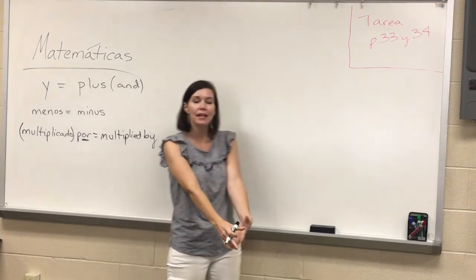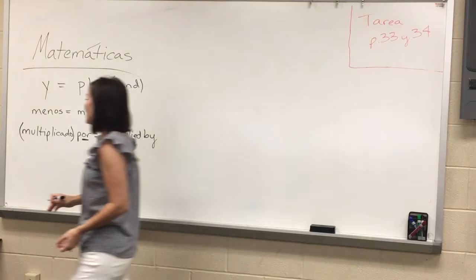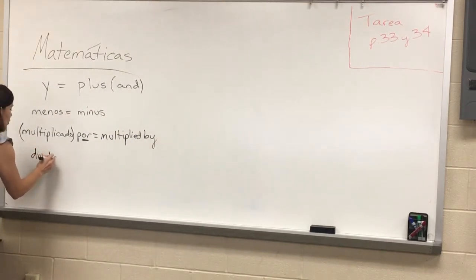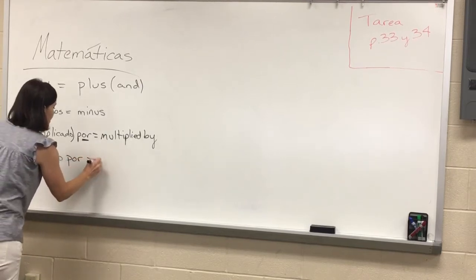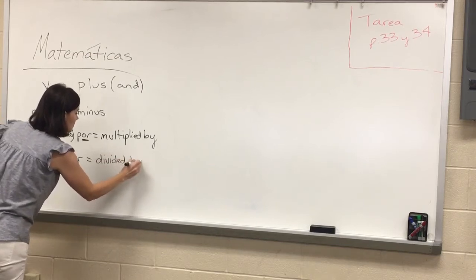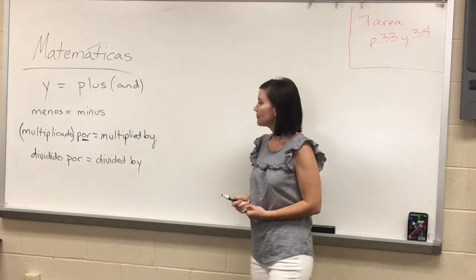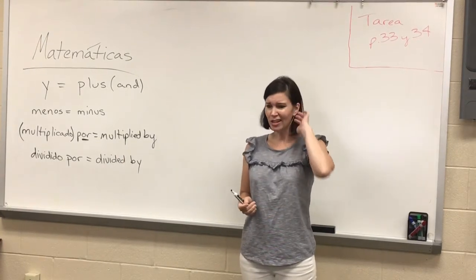Okay, moving on then. What do you learn after multiplication? Division. Now this one you do have dividido por. And that's divided by. It looks like what it is. So it's like, oh, I know what that is.